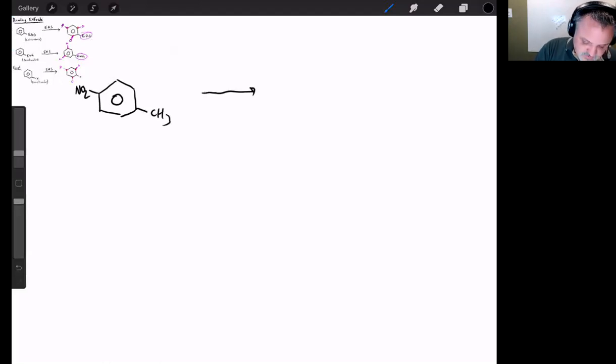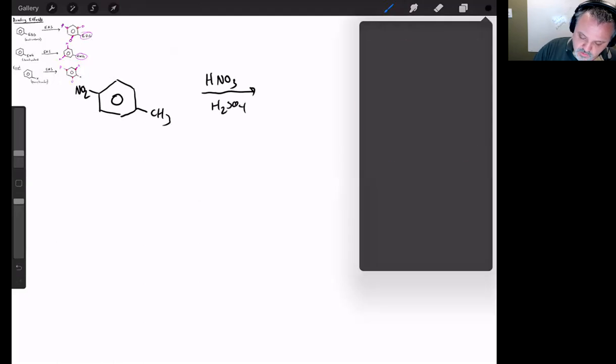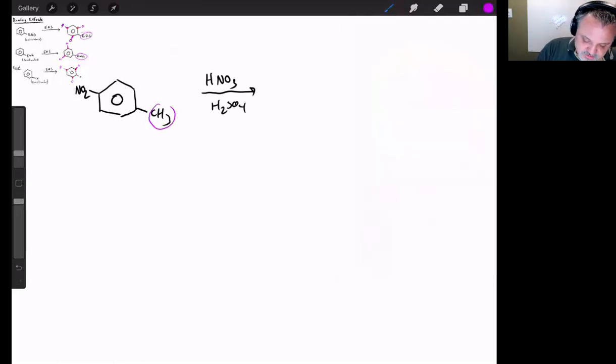Well, now what we need to do is figure out the directing effects. In this particular example, when I look at CH3 and NO2, I say that CH3 is an ortho-para director. I don't need to think about para because it's already got a group on it. But when I think about nitro, it's a deactivating group, so it's a meta director.